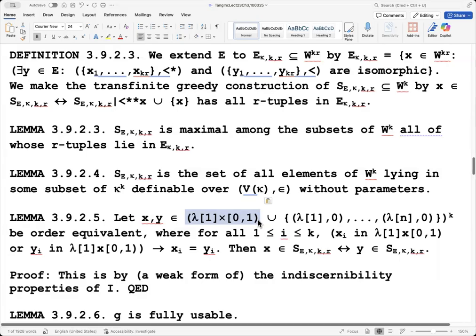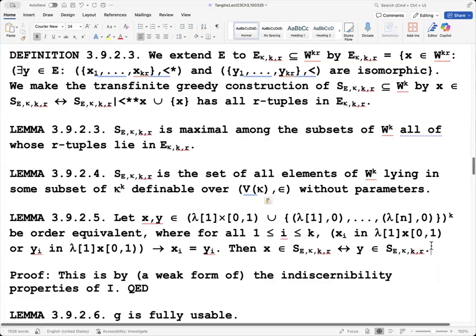In other words, the way I say agree, there's a nice way to say it. Xi is in this core, or Yi is in this core, implies Xi equals Yi. So if one of them is in the core, the other one has to be the same thing, and not only in the core, but the same thing. Then X and Y membership is the same.